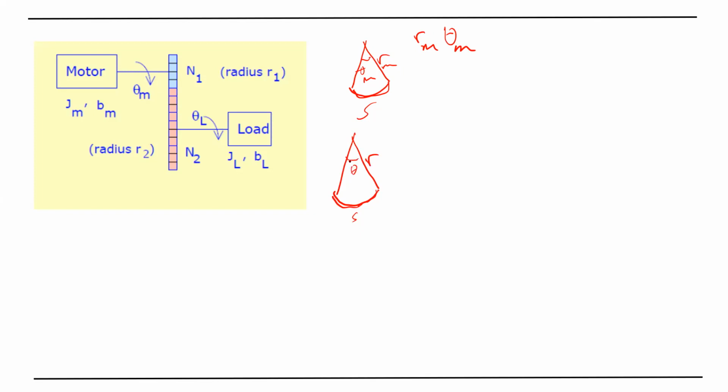The motion is angular, and let me translate it into translational. If the distance is small, I can approximate it by the radius times the angle. Usually it is r times sine theta, but assuming theta is small, sine theta and theta are the same.